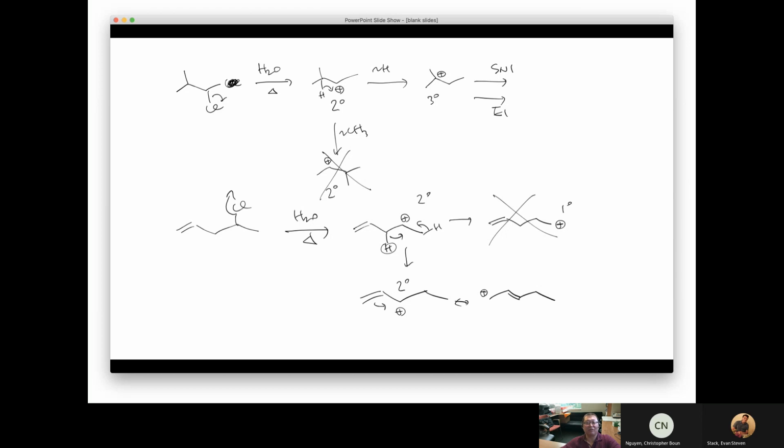For that, you have to remember that neither of these resonance structures is an actual structure. That means that both possibilities exist, and then the reaction can happen. Let's say water captures this carbocation. There's a possibility that water captures this one, or it can capture that one.